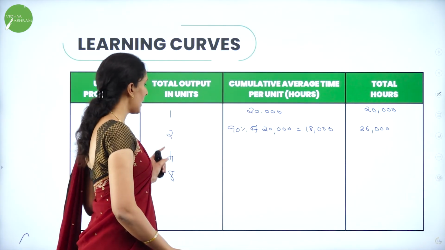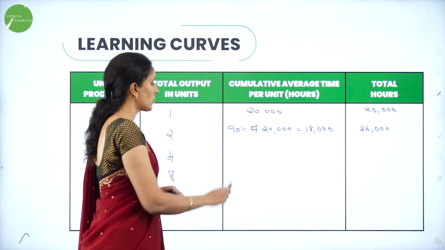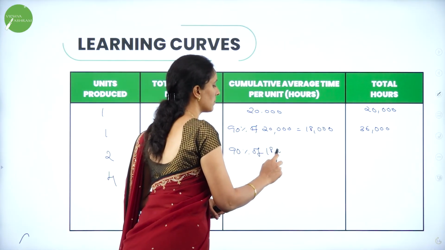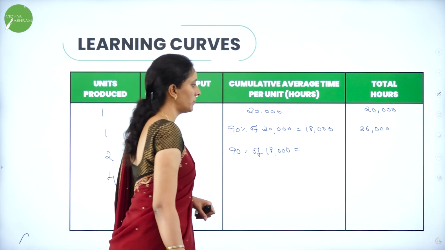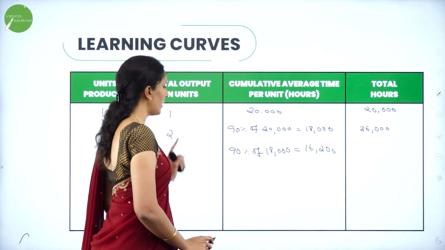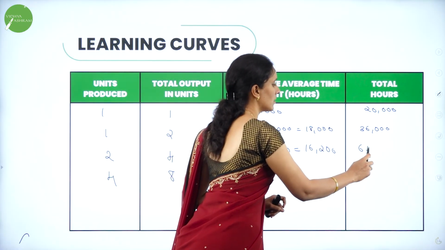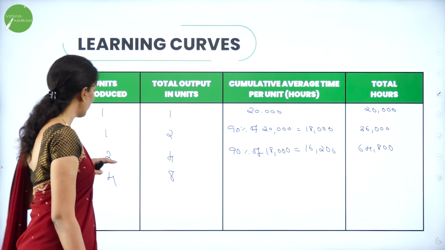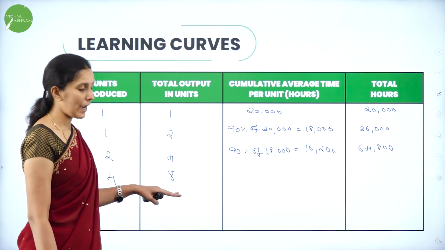The next one is again 4. So here again 90% of 18,000. That is equal to 16,200. 16,200 into 4 becomes 64,800. Next, we have 4 units, so totally 8 units.